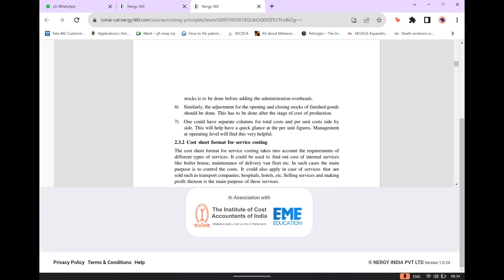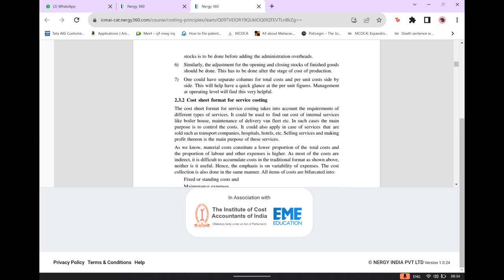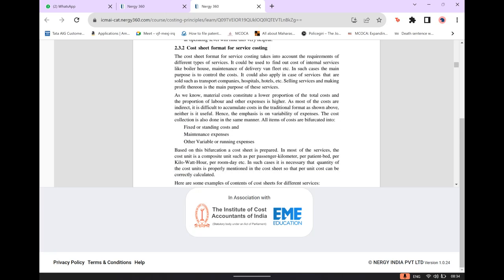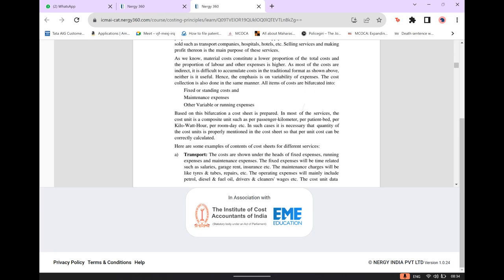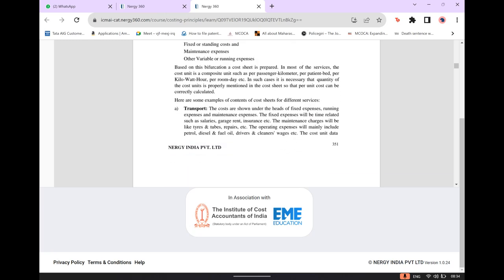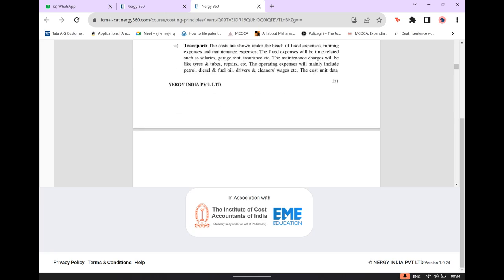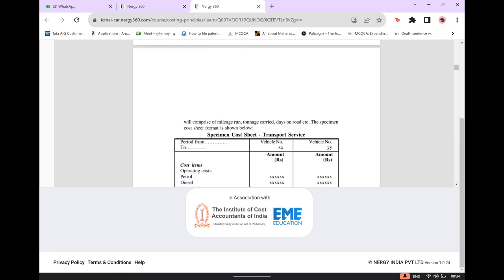So you get the works cost. So service costing, so you have fixed or the service standard cost, you have the maintenance expenses and other running expenses. So we saw in the problems also we saw for transport industry.